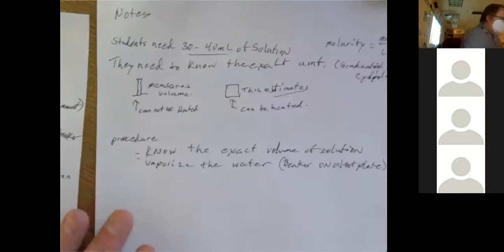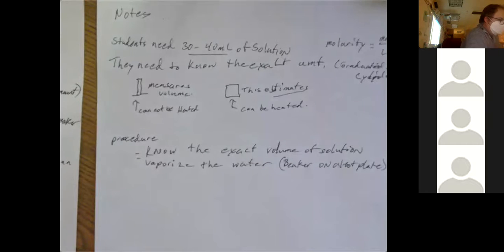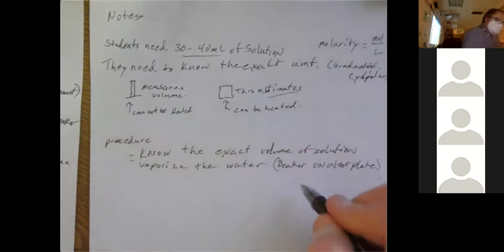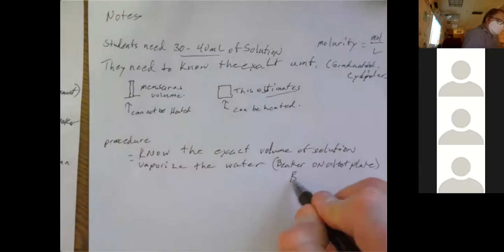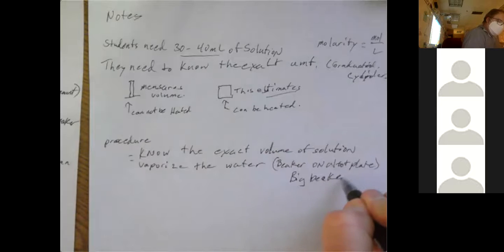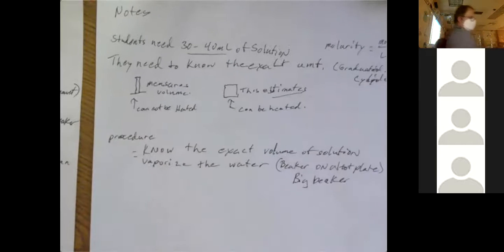Right? Now there is a little problem here. For this beaker on the hot plate, use the big beaker, and I'll tell you why in a second. Big. How's the salt going to look when we get done vaporizing all the water off? Is it going to be nice and fresh, and we're going to be able to pour it like a sprinkle salt on French fries?